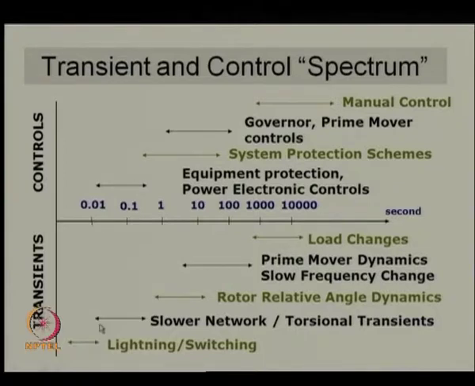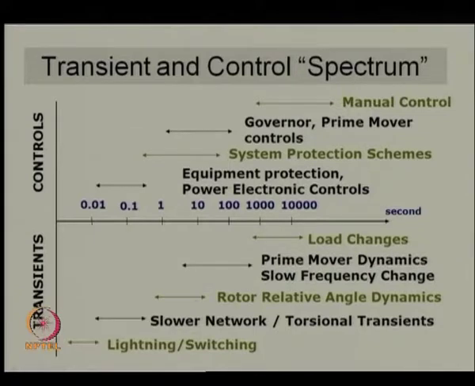As you move towards the right in this spectrum, after lightning and switching transients, you have slower network transients as well as some torsional transients associated with the shaft of turbines and generators. Even at a slower time scale, say from half a second to around 10 seconds, we have what are known as relative angle dynamics, the dynamics associated with machines staying in synchronism.